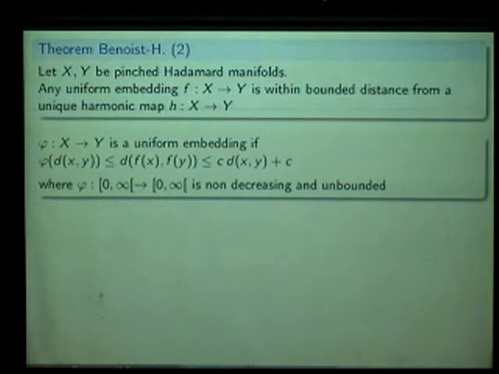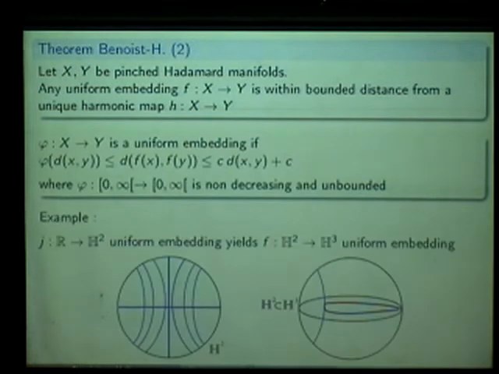So it's really a weakening of the quasi-isometric assumption. It's easy to construct uniform embeddings or coarse embeddings that are not quasi-isometries.